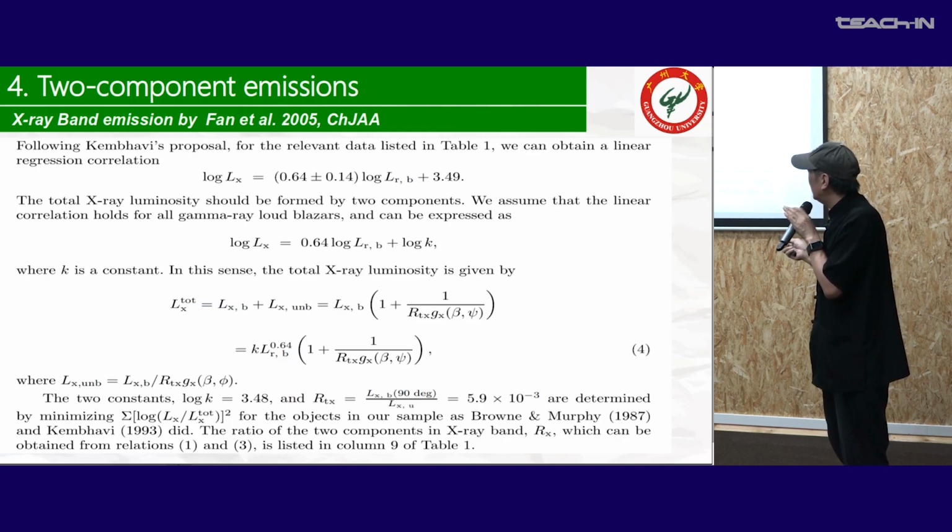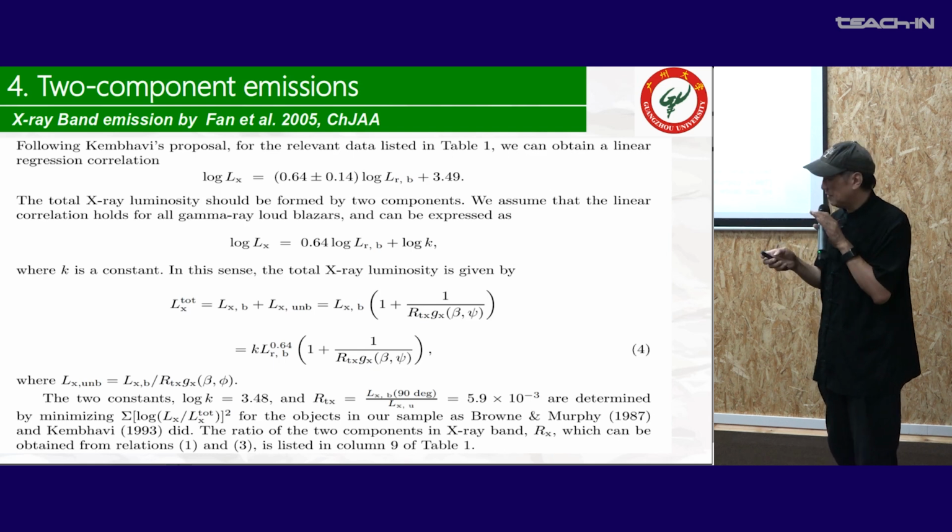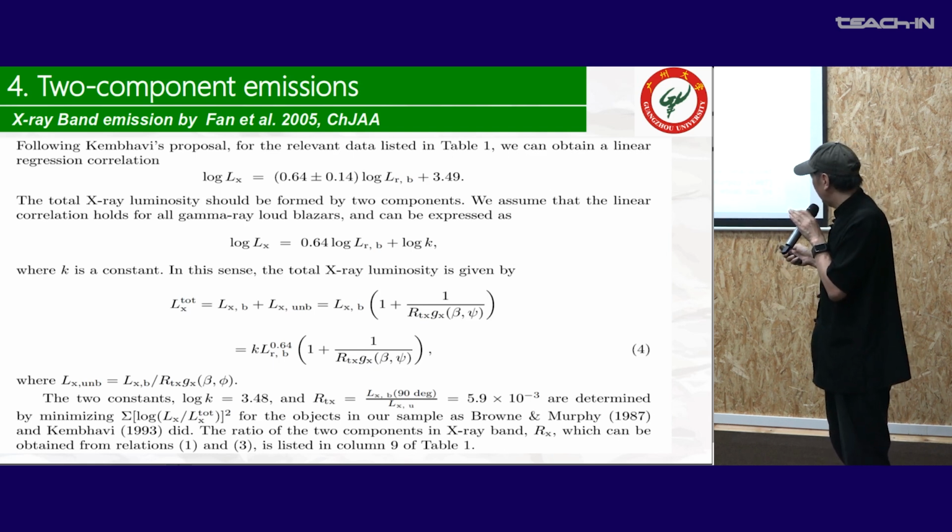This is from the extended part. So we can think that if the X-ray is also composed of two components, one from the beamed and the other unbeamed, you can write this in this way.